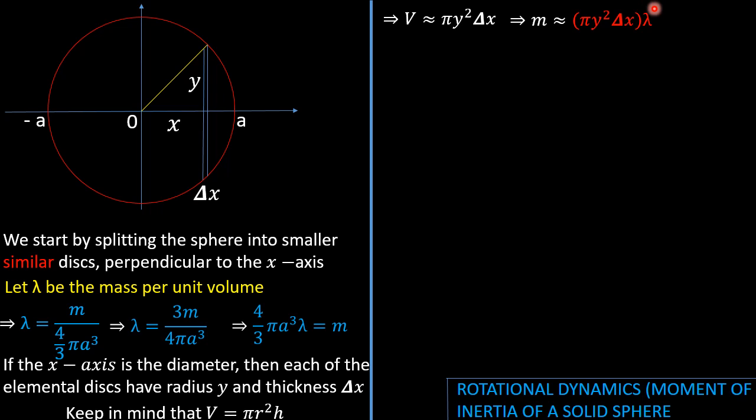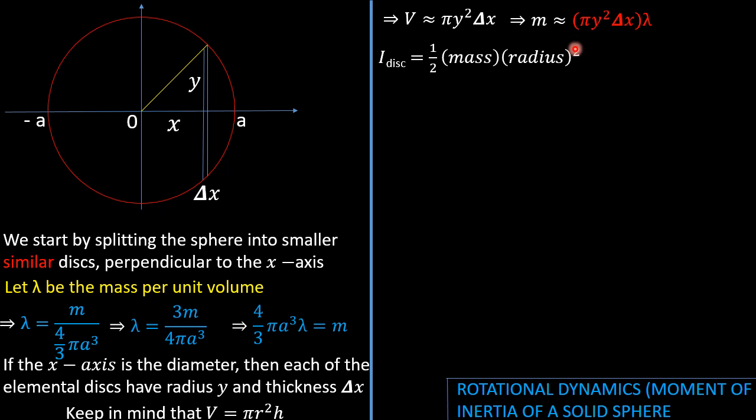Then now, friends, the moment of inertia of each of the discs is simply going to be 1/2 times the mass times the radius squared. That is what we saw in our previous video, right? That the moment of inertia of a disc is given as 1/2 times the mass times the radius squared.